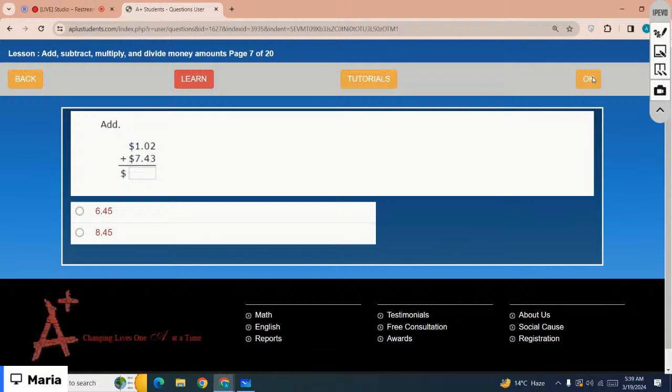1.02 plus $7.43. Yes, that is $8.45. Option number two is the correct option, right?